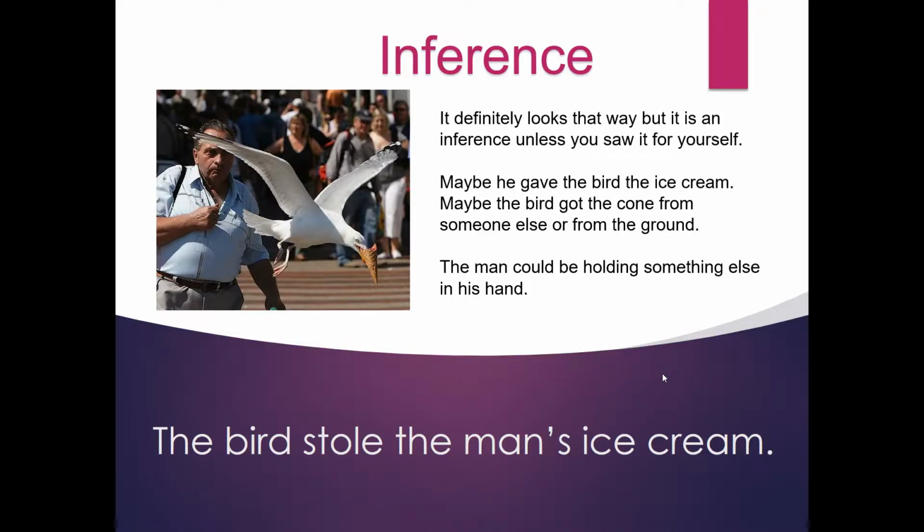Maybe that bird stole it from a little girl, and it almost ran into the man, and that's why he's looking at it like that. Or maybe he's about to laugh because it's funny to see that bird have that cone. We have no clue where that bird got the cone from. It looks like it, but since we didn't see it for ourselves, we have no clue if that was his ice cream or not. So it's an inference.